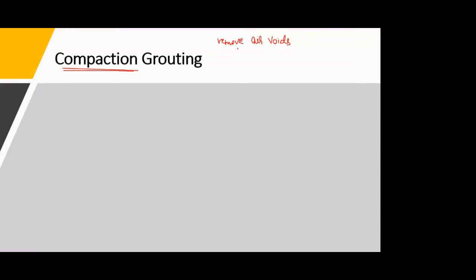And in that way you achieve the density, and then you find the optimum moisture content. Now coming to the grouting part, when I say compaction grouting, it doesn't mean I am going to use a hammer. I am going to remove the air voids in the soil structure, but the hammering action is not going to be there.